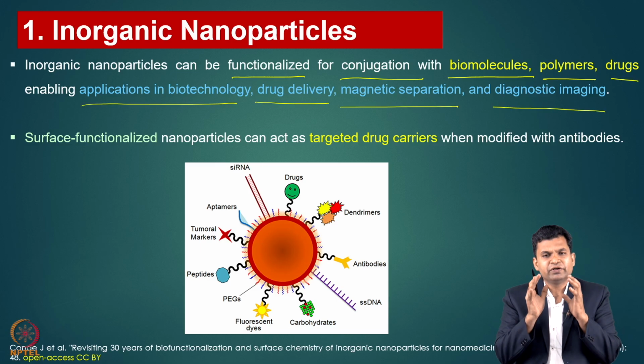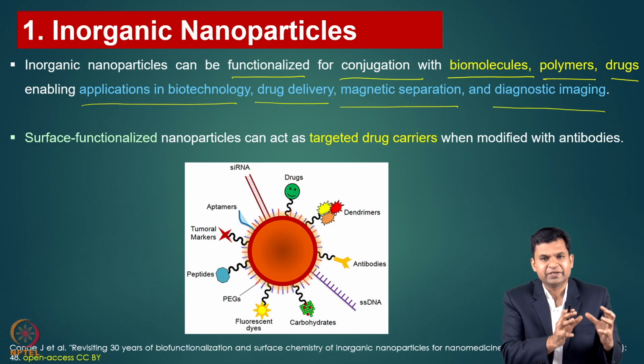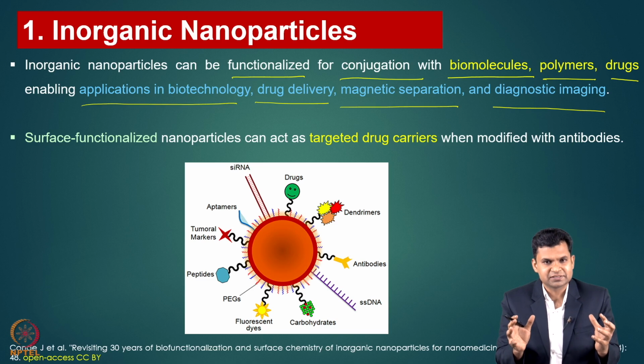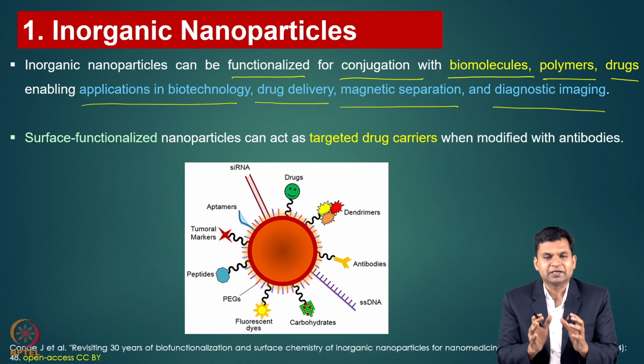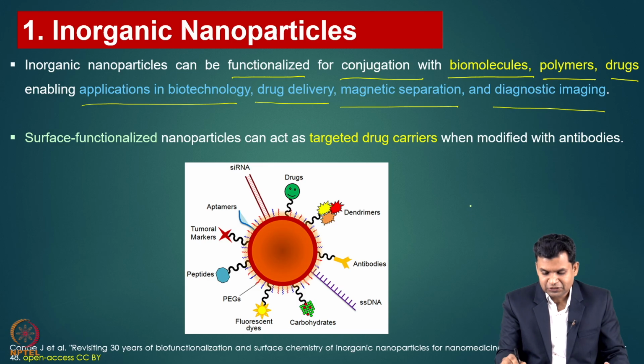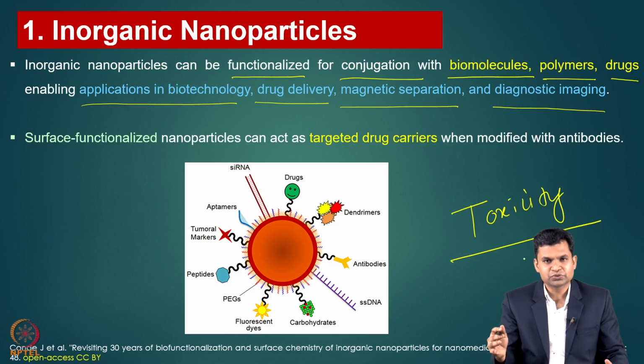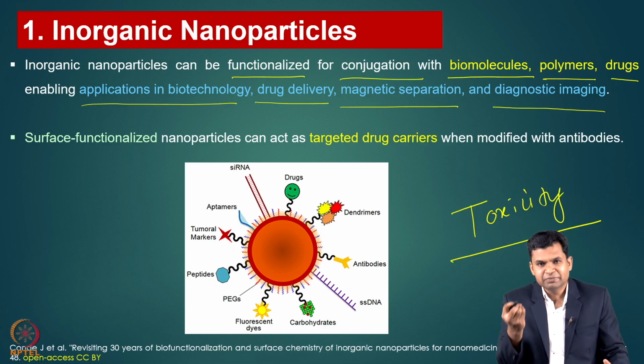Definitely, when you compare with the organic based systems like polymeric and lipid based carriers, inorganic nanoparticles show toxicity because of the presence of the various metal groups, metal oxide groups and various functionalities. These materials induce oxidative stress in the cells that leads to damage of the cells.